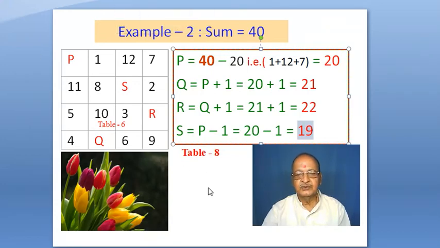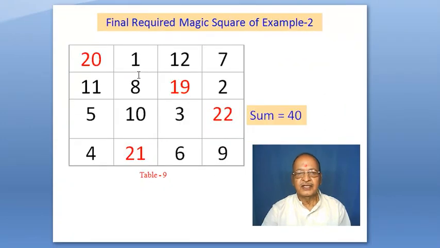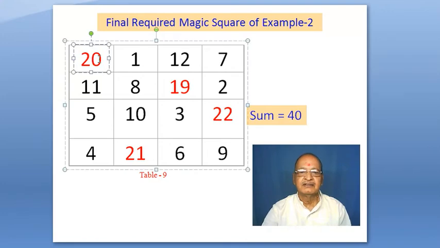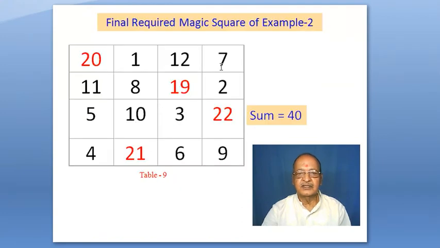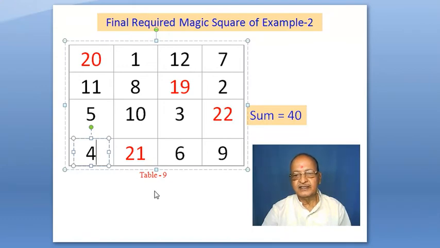Replace this value, you will get this magic square. Its sum is 20 because 1 plus 12, 13 plus 7, 20 plus this 20. So 40. And here you can check this diagonal this time. 7 plus 19, 26 plus 10, 36 plus 4 is 40.